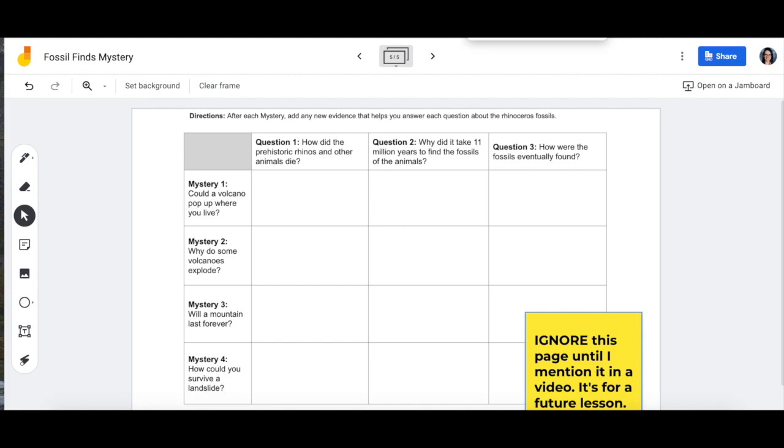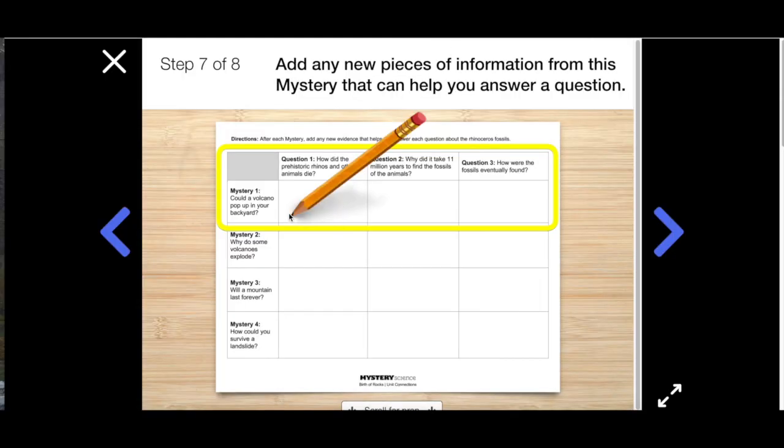So, first bit, could a volcano pop up in your backyard? And the question you'll be responding to is, how did the prehistoric rhinos and other animals die? If you learned anything new during this volcano lesson or the one we did last week, add something right there.